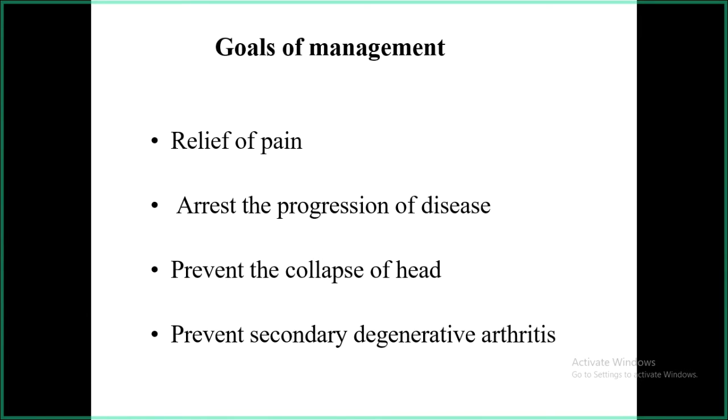The second goal is the arrest of the ongoing progression of the disease, with some bisphosphonate or with some non-invasive methods. Third is to prevent collapse of the head. If it is grade 2A or grade 2B, you can further prevent the collapse by some semi-invasive methods. And last is to prevent secondary degenerative arthritis.